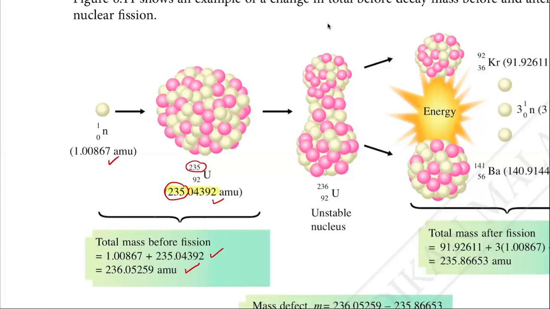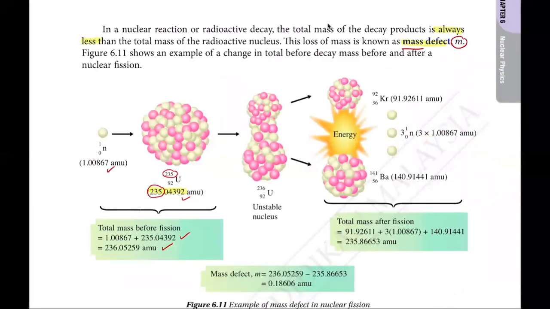When the nucleus has split into 2, it will create another 2 new elements with 3 neutrons also.